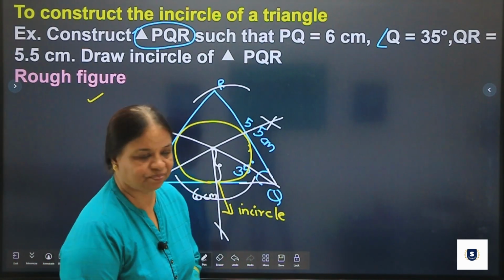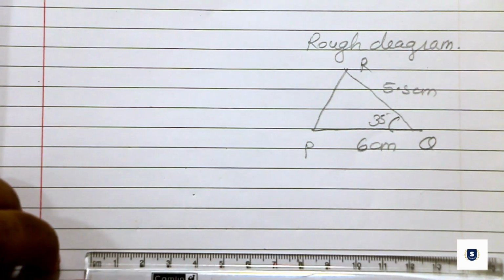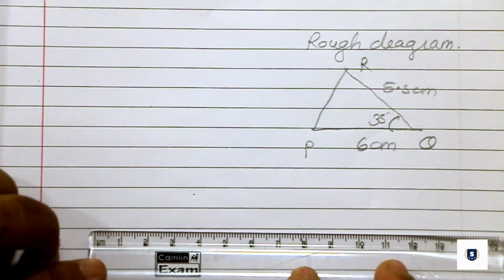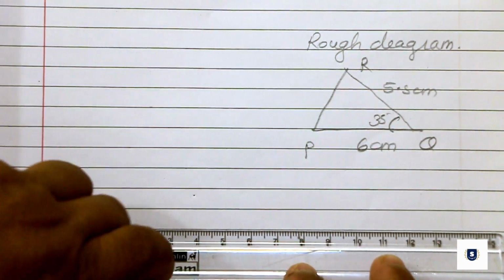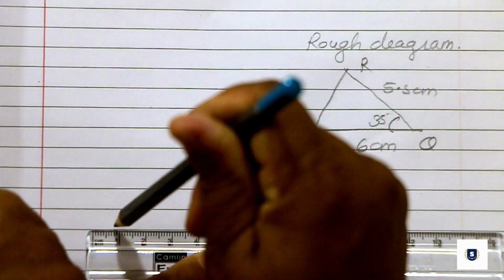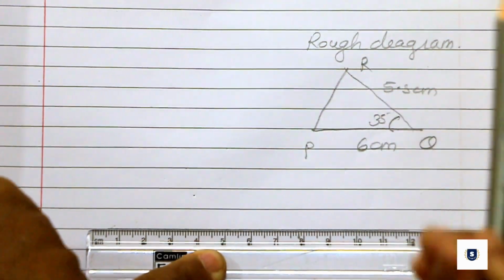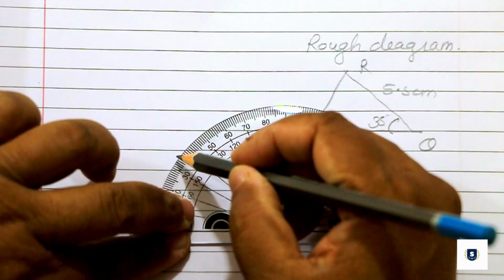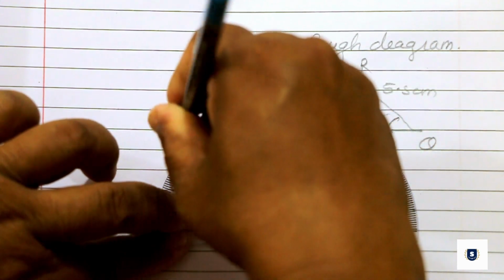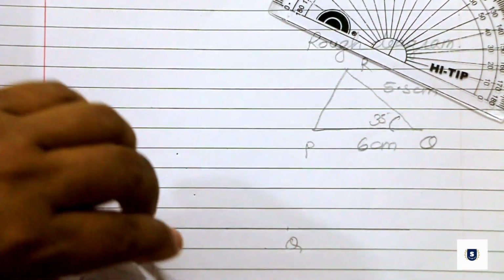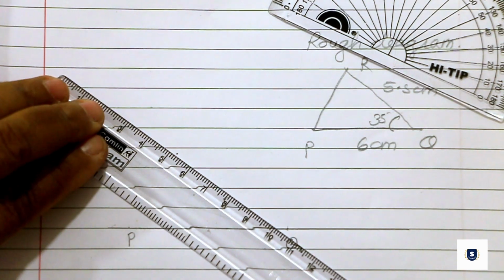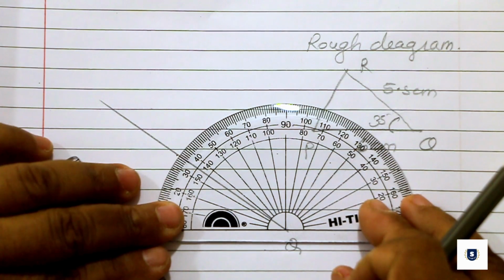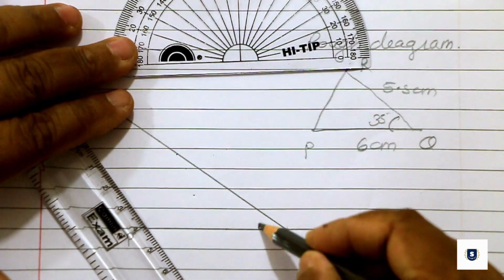Let's start, children. Draw a line, and on the line take one point, say this point is P. Draw 35 degrees exactly, take the scale and join these two points. Measure again, yes it is 35 degrees.